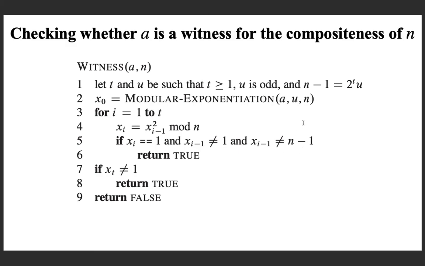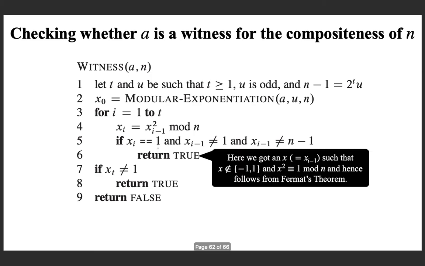Note that in the modulo n system, minus 1 is represented as n minus 1. So x(i minus 1), the previous number, is neither 1 nor minus 1, but when you squared it you got 1 as the result. That means x(i minus 1) is a non-trivial square root of 1.